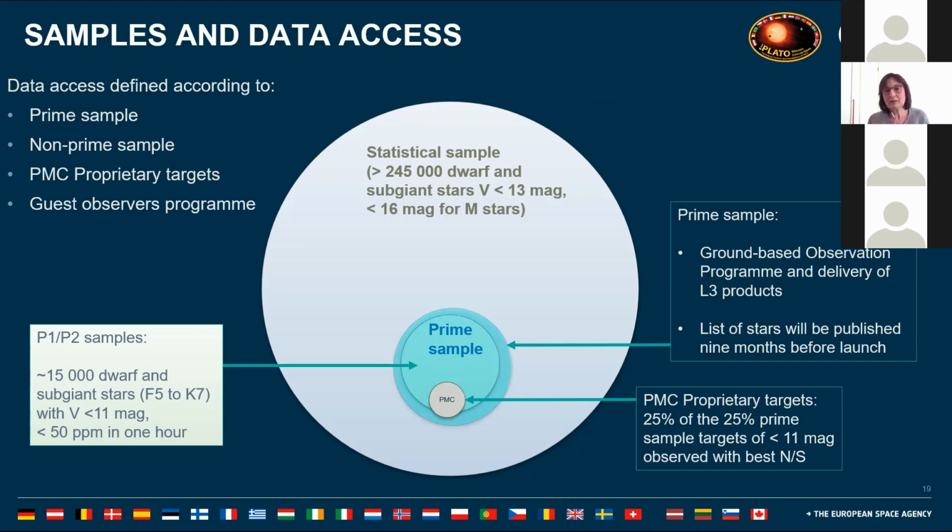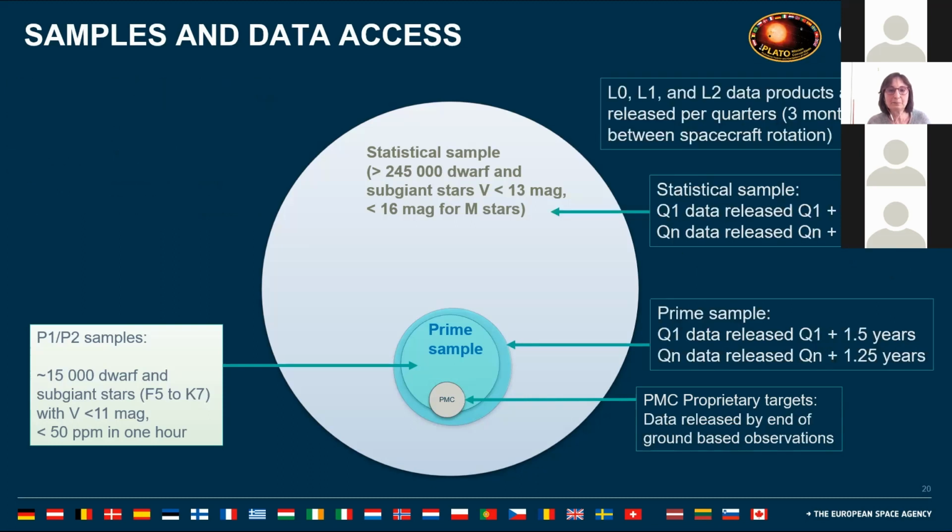As I said, for the prime sample, we will provide the ground-based observation program and delivery of level 3 products. And then we will provide a list of these stars 9 months before launch, so people know which stars we are going to include in the ground-based preparatory program. Then there's also a group of stars that are proprietary targets of the consortium, and this is the small circle that I just represented here.